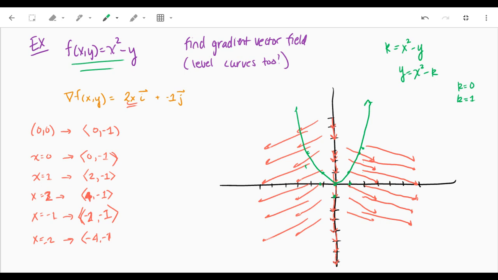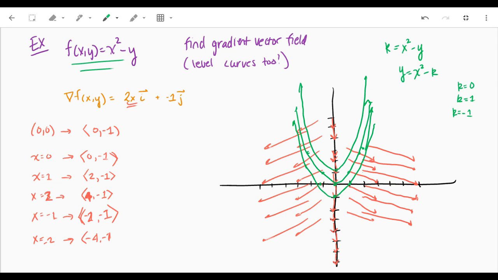Trying to get that drawn in as best I can. If k is -1, then we shift it up 1 actually. So we can start to kind of get those in.